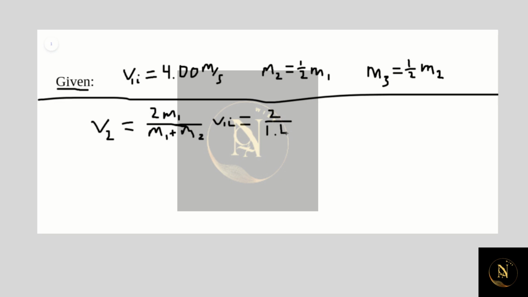If we replace M2 with 1/2 M1, M1 plus 1/2 M1 is 1.5 M1, and then the M1 on the top and the bottom cancel, so we're left with 2 over 1.5. Multiply that by V1 initial, which is 4 meters per second, and this comes out to be 16/3 meters per second.